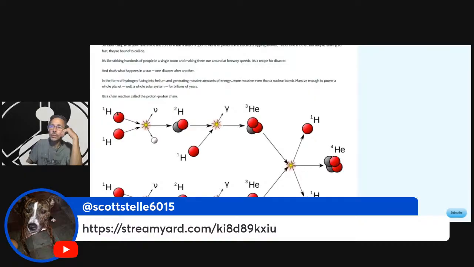Two hydrogens, two protons are allowed to occupy the same Minkowski coordinate. An electron neutrino that has zero charge and a very finite little bit of mass is ejected from the center of the star instantaneously.